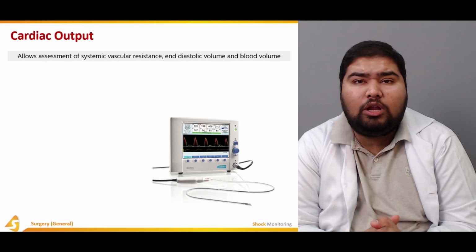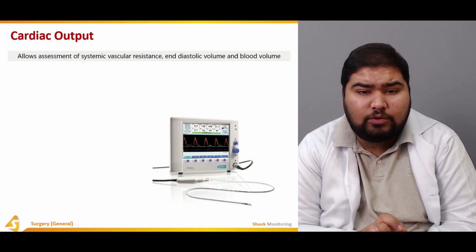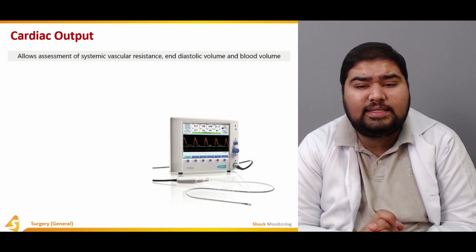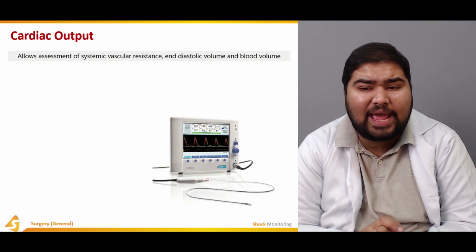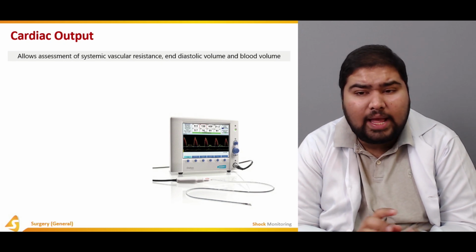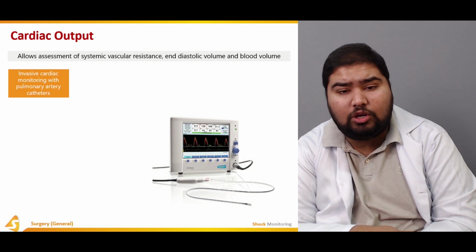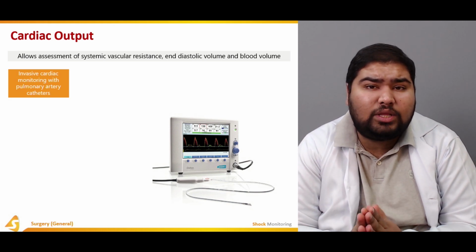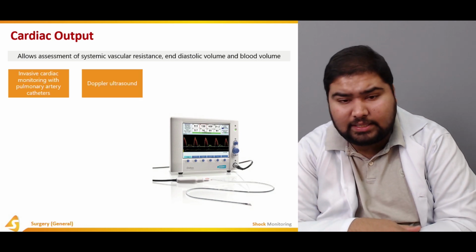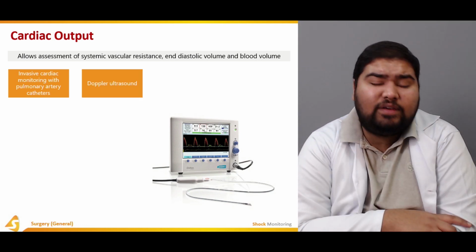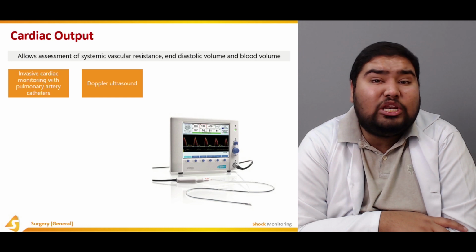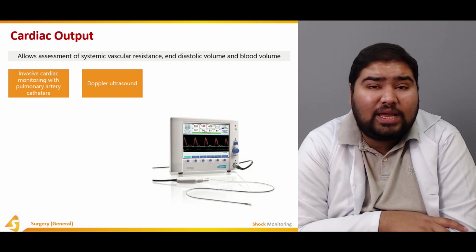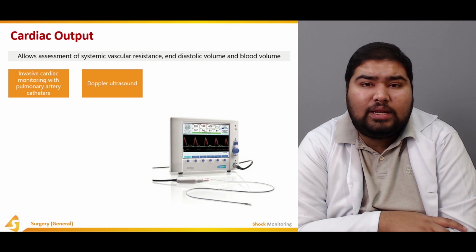Now, moving on, monitoring of the cardiac output, it allows assessment of the systemic vascular resistance and the end diastolic volume, as well as the blood volume. Now, invasive cardiac monitoring can be done with pulmonary artery catheters. However, these catheters are not being used now because of their invasive nature.